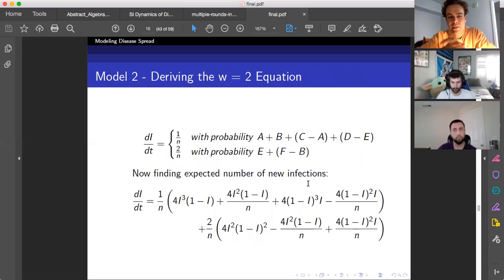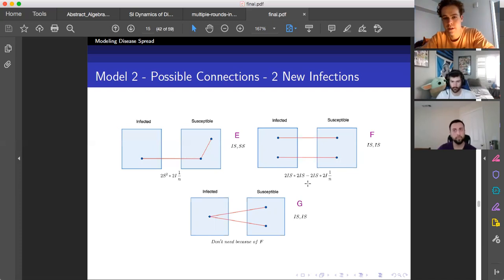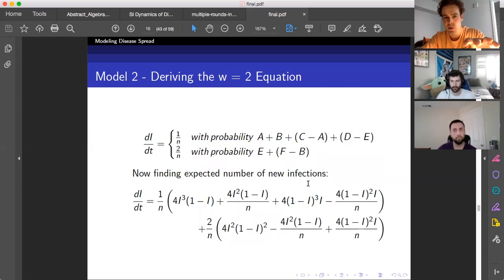And then, to actually figure out the equation, we're using the same process that Jacob used, adding together all the probabilities. In these previous ones, I labeled them with letters, and then they had the probabilities underneath them. So we're adding up all the probabilities of a combination where there's one new infection, and then we're going to end up multiplying that by 1 over n.